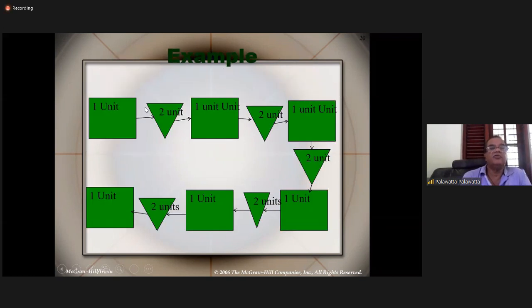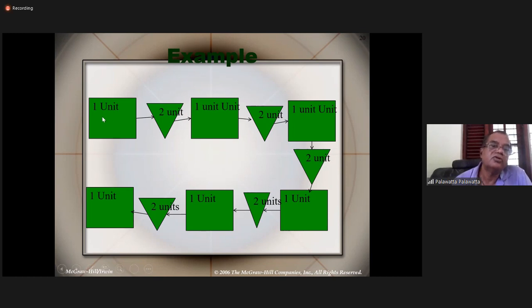Let's say you put a 2 unit buffer in front of stage 2, stage 3, stage 4, stage 5, and 6. Then what is the throughput time?